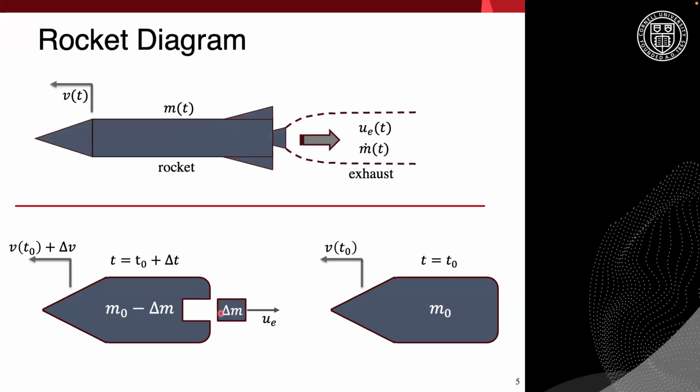And this mass, delta m, that is expelled has a momentum because it has a velocity. And this momentum of the expelled mass, that is delta m times ue, is transferred to the rocket so it can move forward. So at time t0 plus delta t, the mass of the rocket decreases by this amount, and the velocity of the rocket increases by delta v.